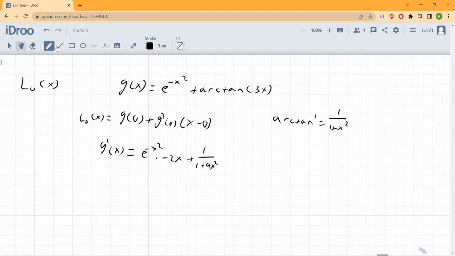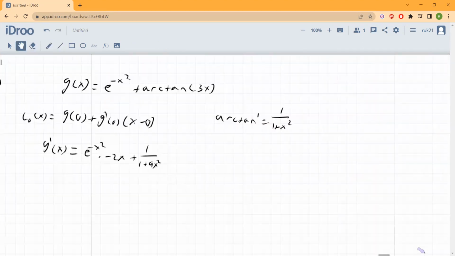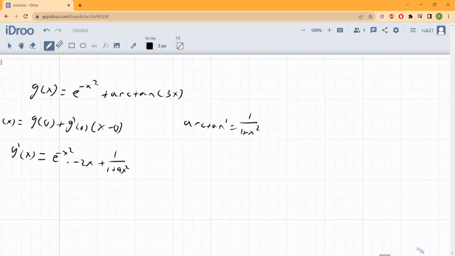And the reason this is the case is, I'm going to quickly go through this. If we're looking for the derivative of arctan, let's say y equals arctan of x. Then we can say that tan of y equals x. Then we can take the derivative of both sides, remembering that we are implicitly differentiating.